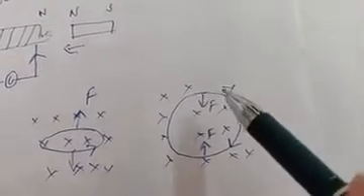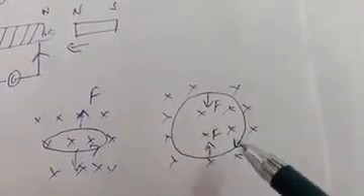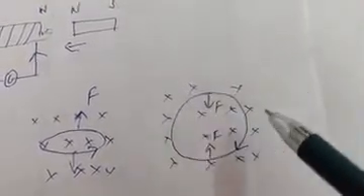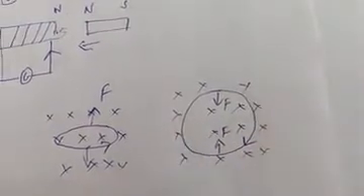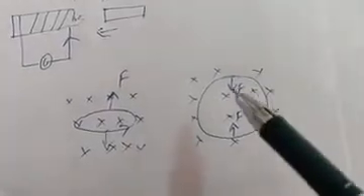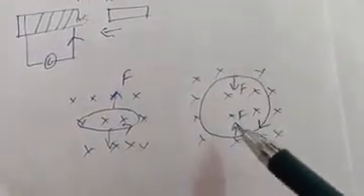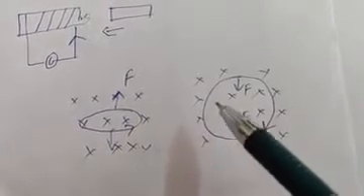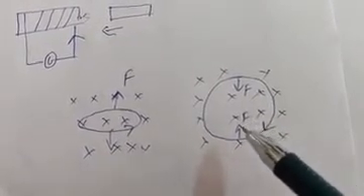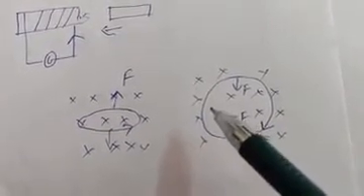In this case, the loop is circular in shape, in an external magnetic field. Now we want to deform it. We are applying force like this. If we deform it, if force is applied in this direction, in that case the area will decrease.